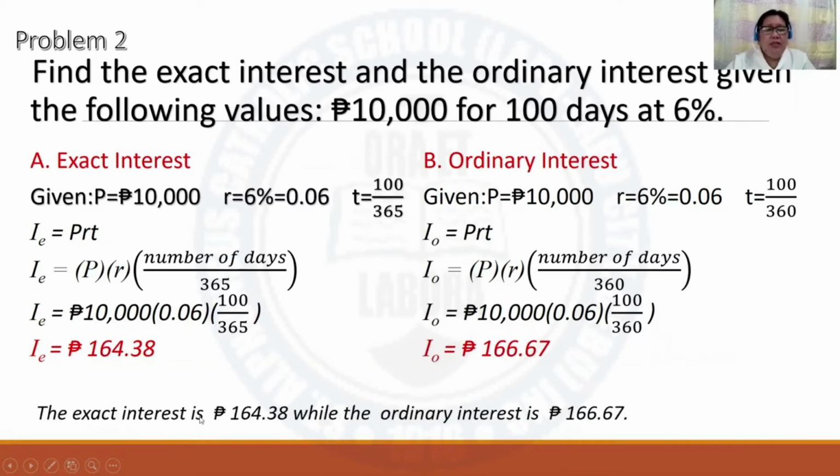Therefore, the exact interest is 164.38, while the ordinary interest is 166 pesos and 67 centavos.